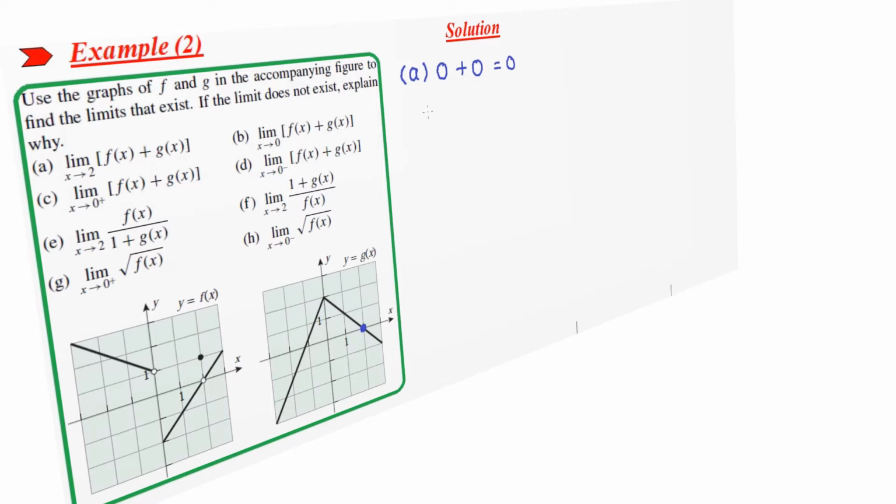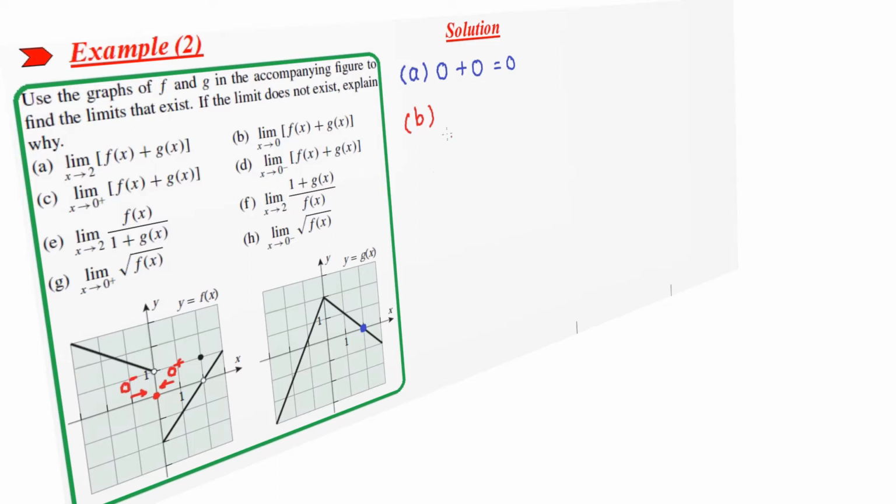For the second part, in part B, you have to find f of x plus g of x when x goes to 0. So we have different x. When x goes to 0, the limit of f of x does not exist, because this is 0, and here we have 0 from right, and here we have 0 from left.